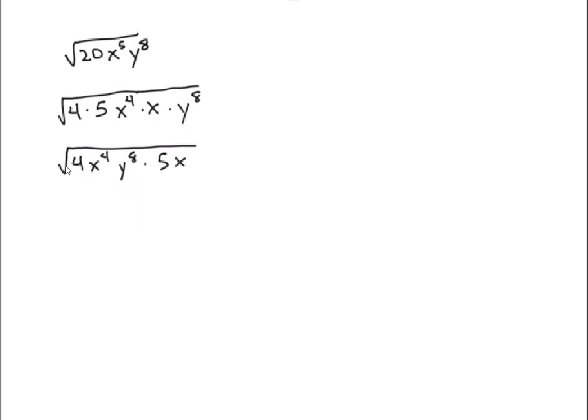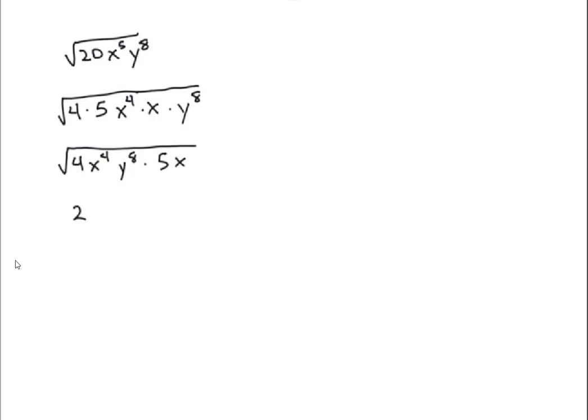Okay, so these three pieces here, the coefficient, the x term, and the y term, are all perfect squares. This 5x is what's going to be left over at the end because there are no perfect squares that go into any of that. Now the 4, square root of 4 is 2. X to the fourth. Now recall that a radical, a square root, will divide an exponent by 2. And that's why we needed it to be even, because 2 doesn't go into the odd numbers.